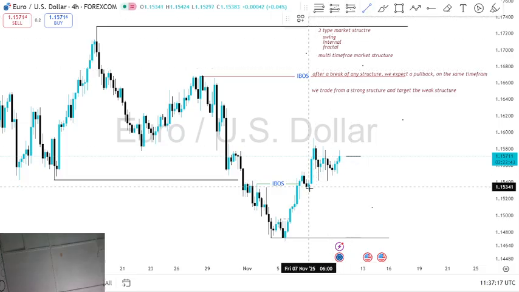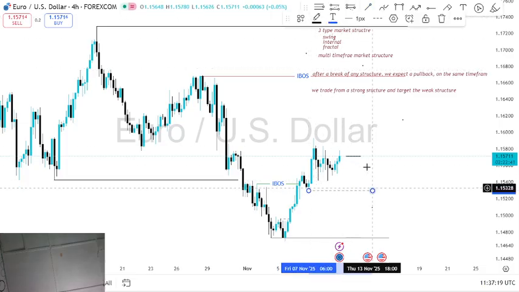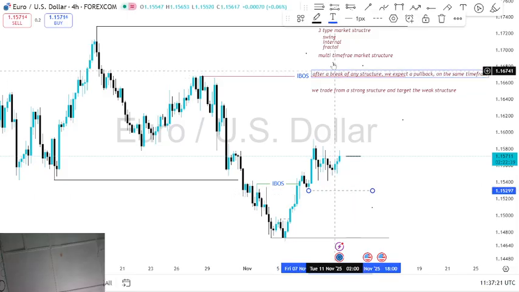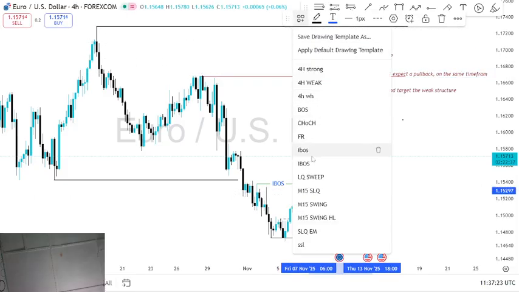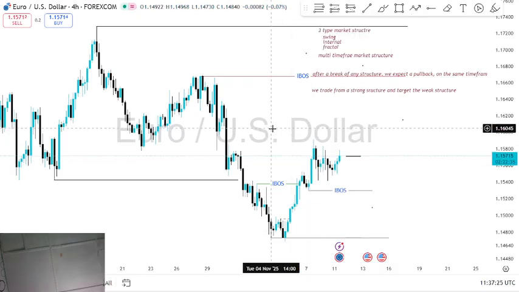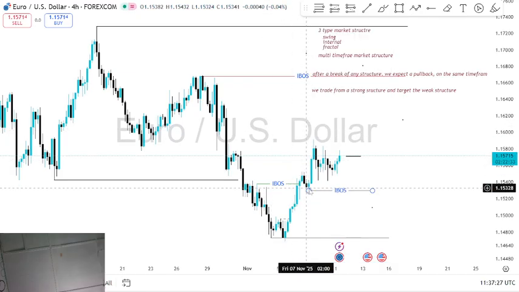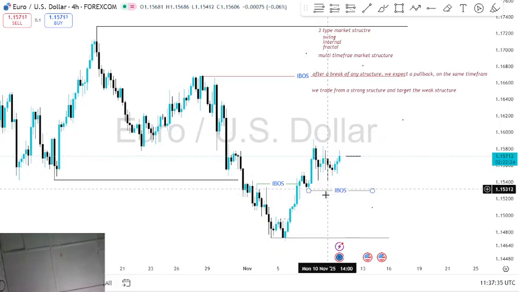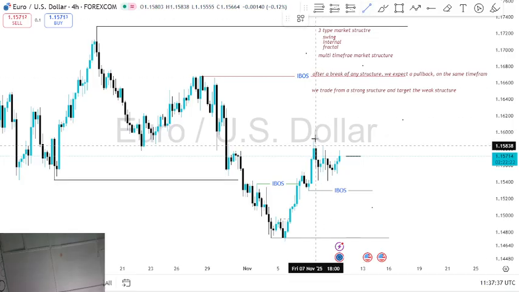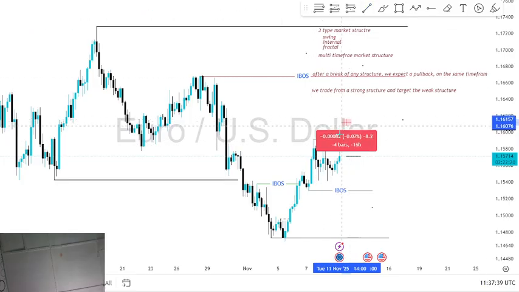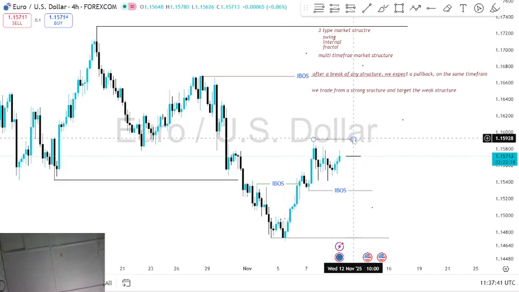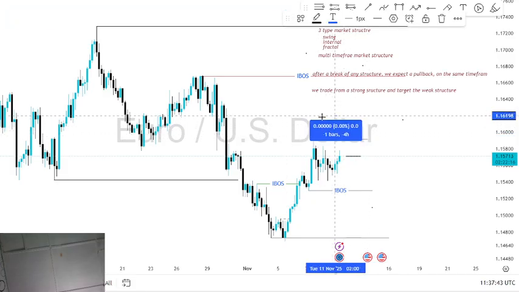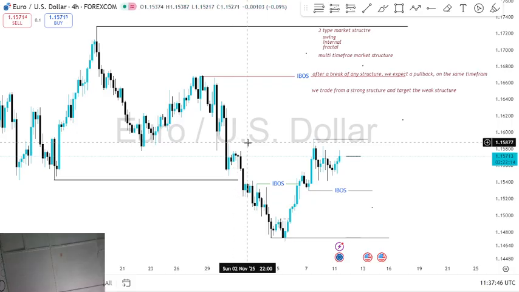Here is what we call an IBOS. Although it is an IBOS, no candle closed below here, closed low to close above with candle size. So we have this candle here.